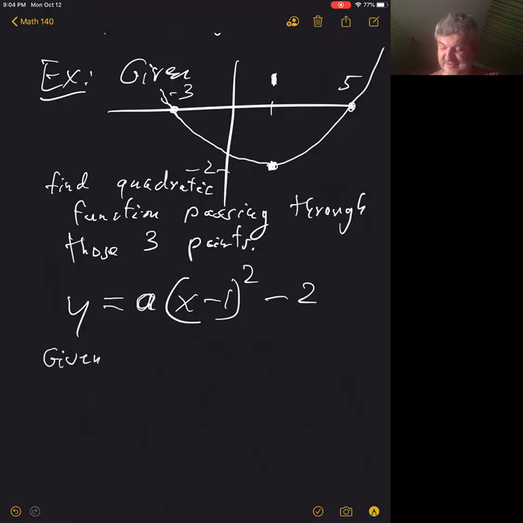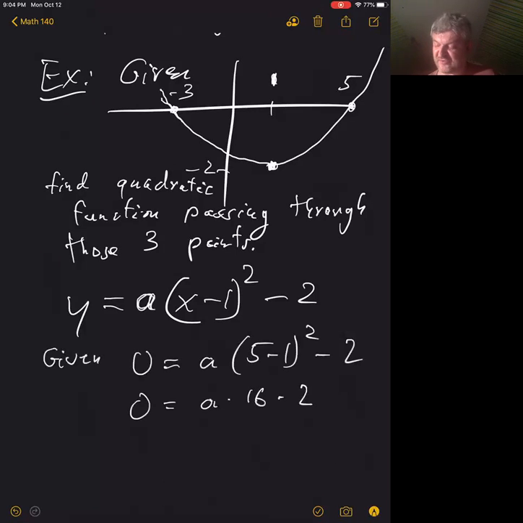So we're given y is 0 when x is 5. And that allows me to find a. 4 squared is 16. So 0 is a times 16 minus 2, which means a has to be 1/8.